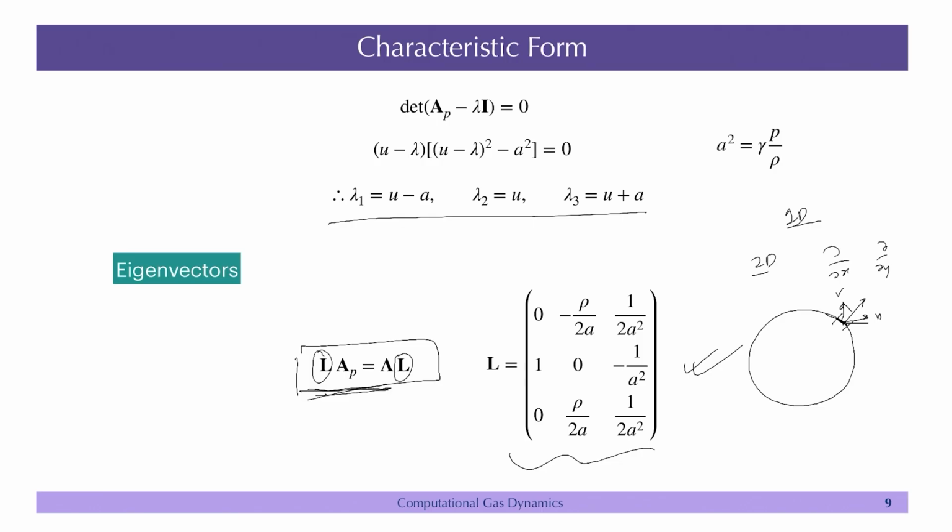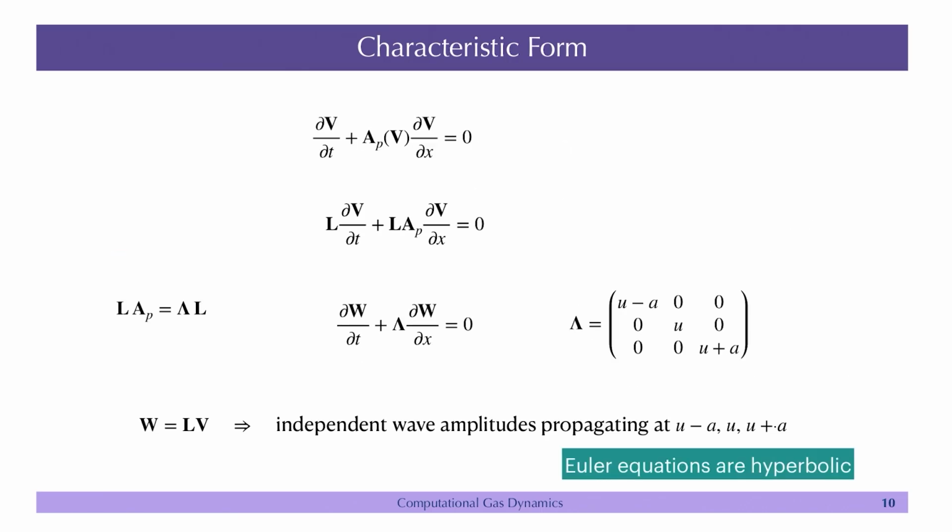So, now we have this left eigenvector also. So, what we can do, we can multiply this left eigenvector with this expression that we have. So, multiply this entire thing by L, and now L AP is equal to lambda L, right. So, you can write L del V by del t plus lambda L del V by del x equal to 0.